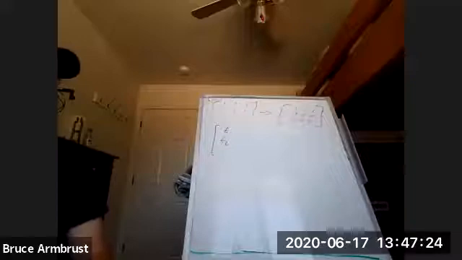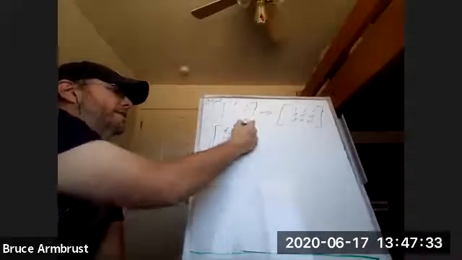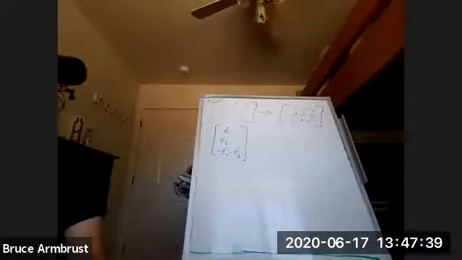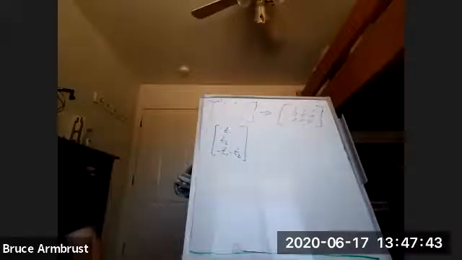But once those two are fixed, I know what the third coordinate has to be. It's going to have to be negative T1 minus T2. That's the only way that when I multiply by 1, 1, 1, I'm going to get 0.